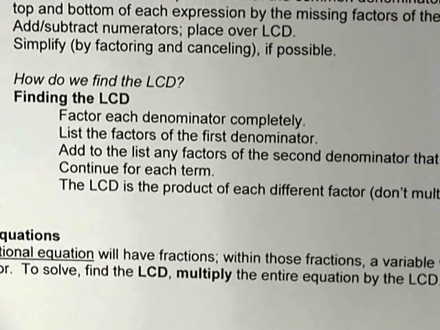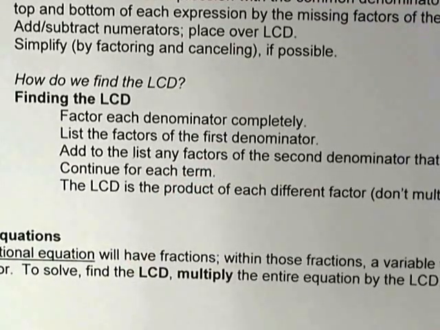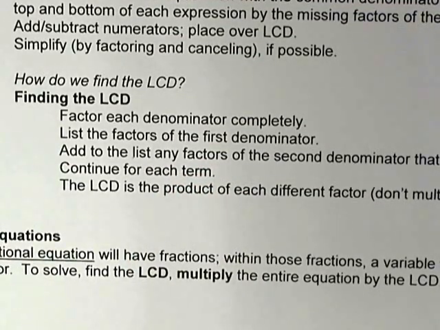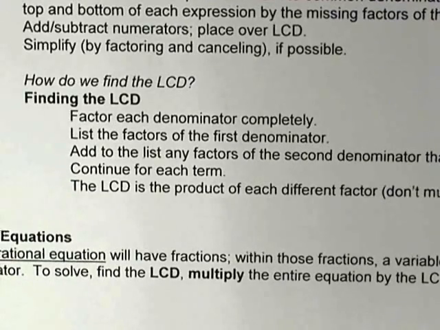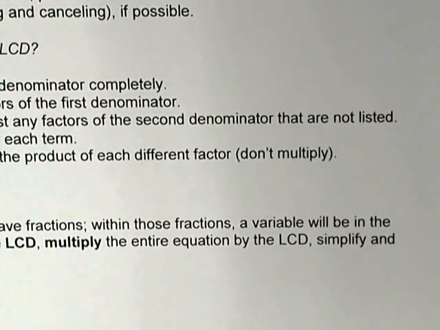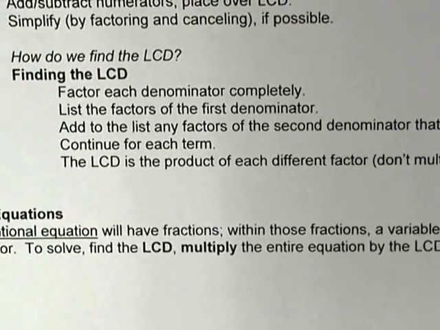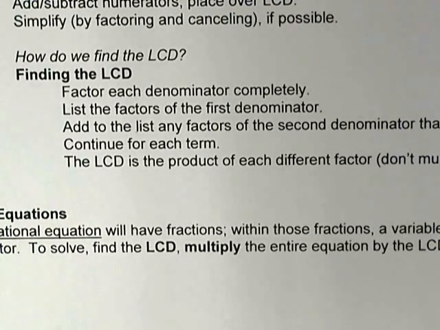Finding the common denominator. Factor each denominator completely. List the factors in the first denominator. And then include in your list any factors of the second denominator that are not already listed. And do that for all of your denominators. The LCD is the product of all of the different factors, but we don't actually multiply. We do not multiply the factors in the denominator. Okay.